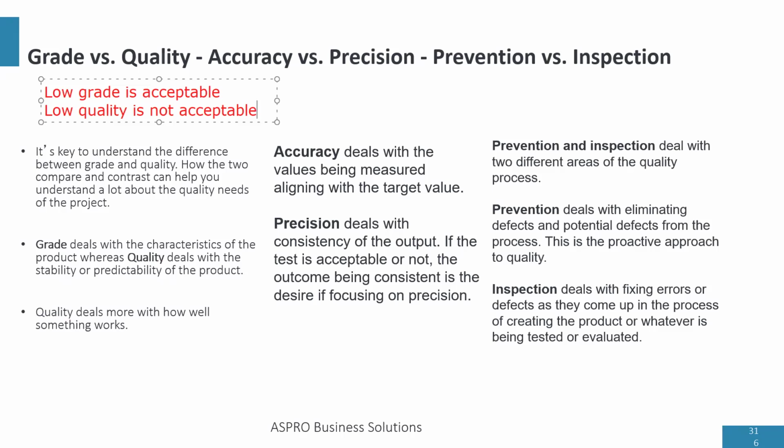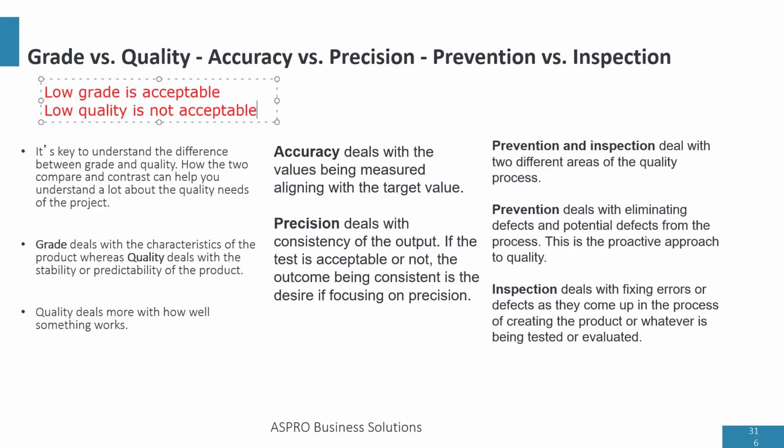They even had small antennas, right? But they didn't last long. So that's an example of a high grade, low quality product. Phones that could do a lot of things, but they were not built to last. So according to PMI, low grade is acceptable, but low quality is not.